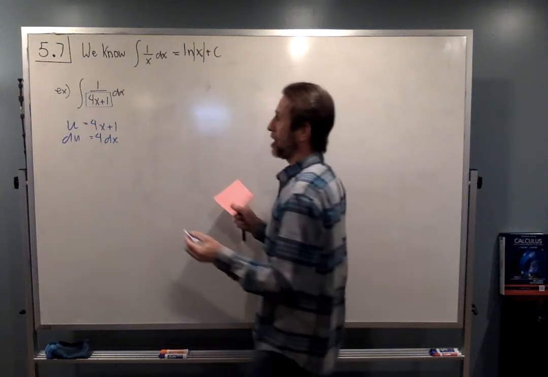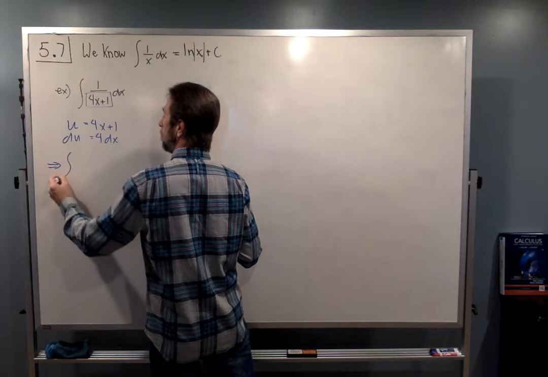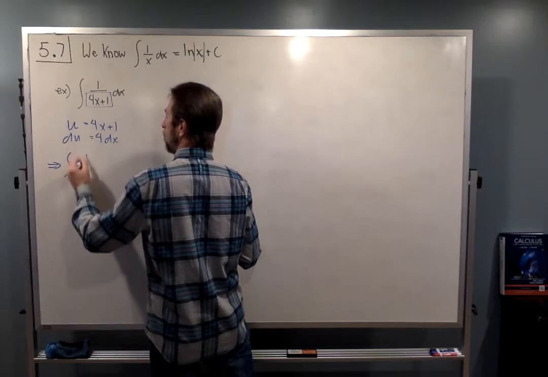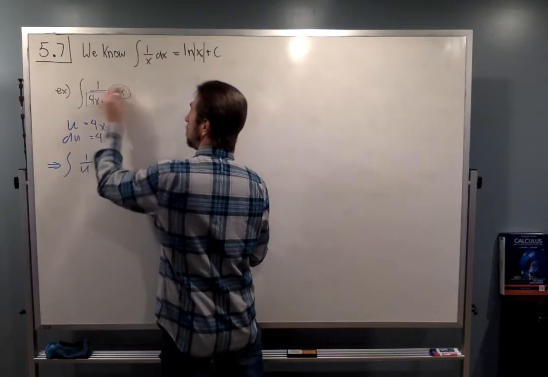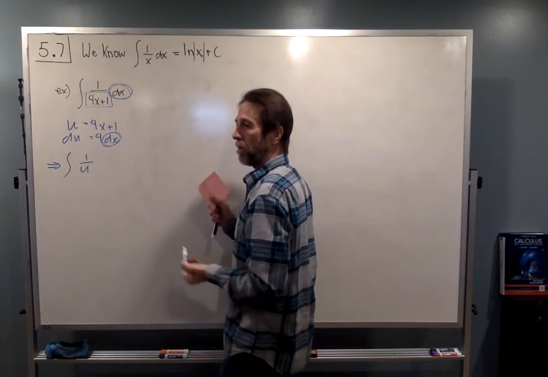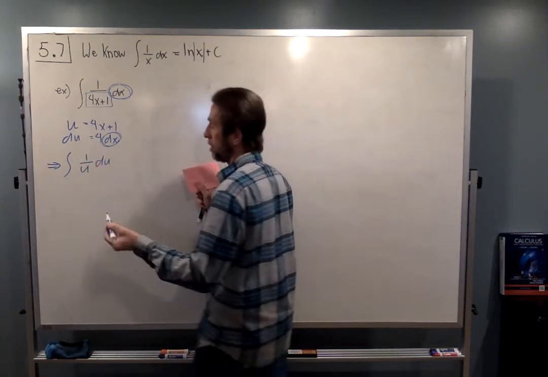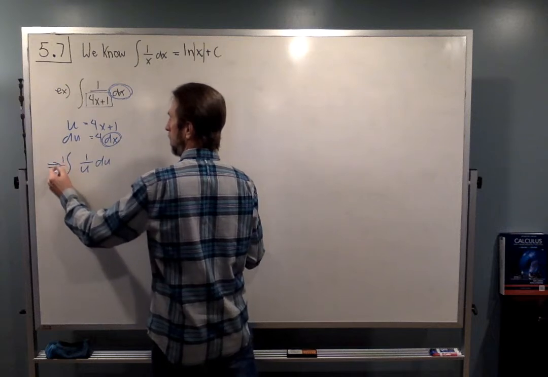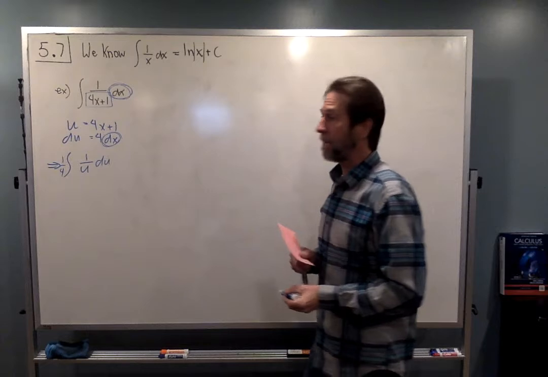And then as we start changing this to u values, it becomes 1 over u, of course. But the dx has to be replaced, and if I solve for dx, it's 1/4 du. The 1/4 can always be thought of as a number outside the integral. We've used that many times.